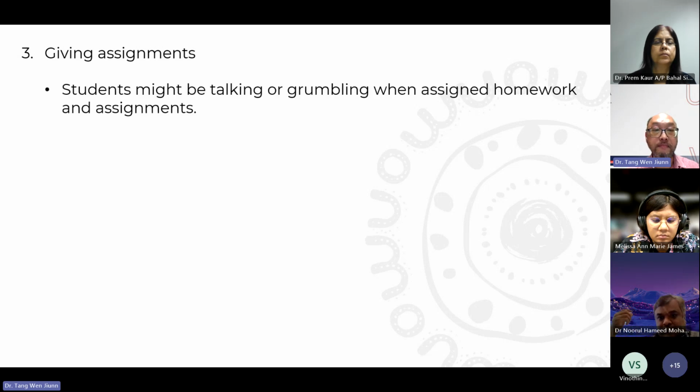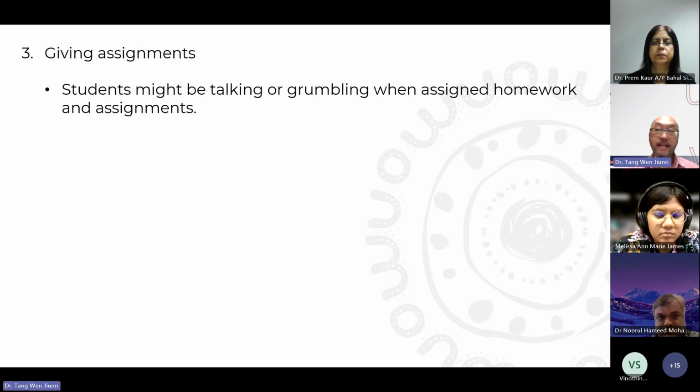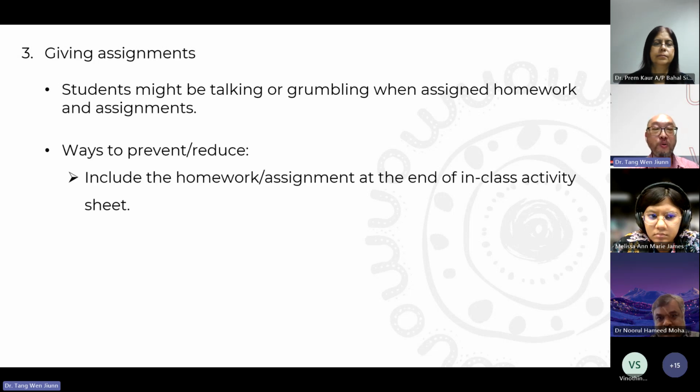The third area where we might have issues is assignments. In class, we have different types of students. Some are okay, some might grumble when they see, oh no, work coming in. So how do we reduce this? These are just some ideas.